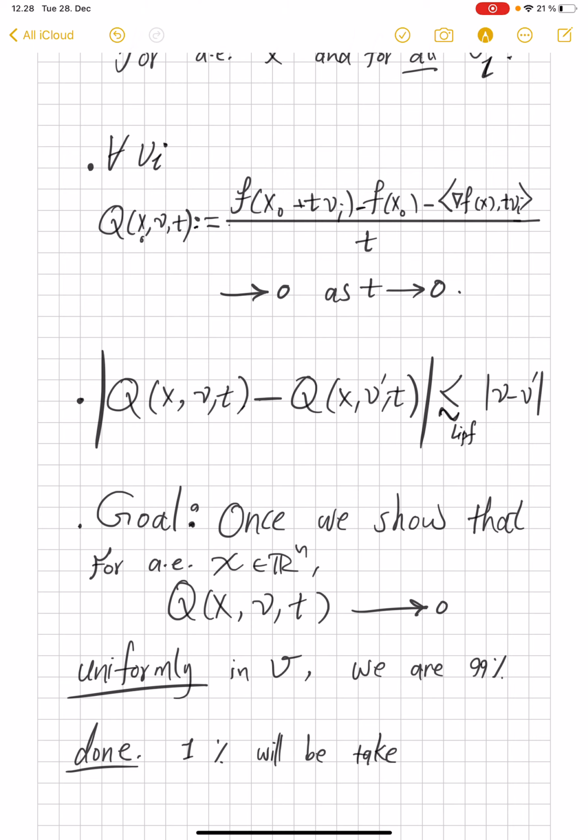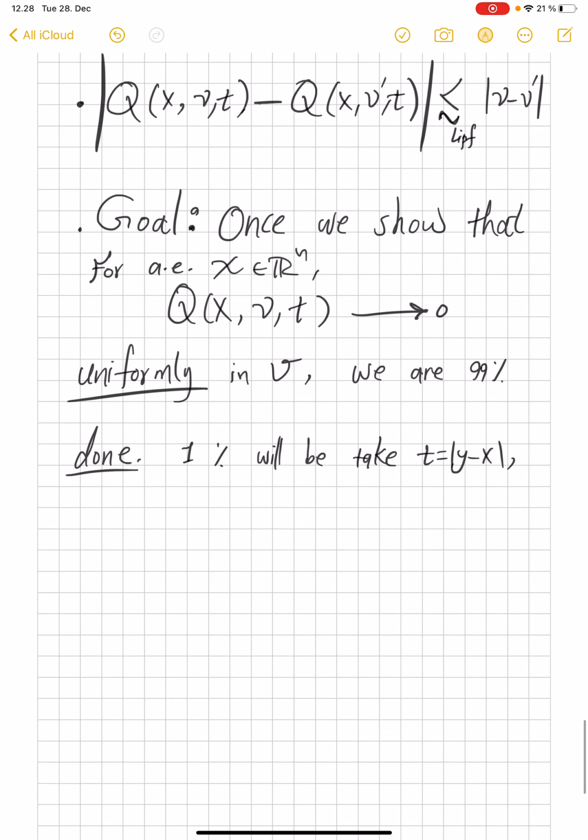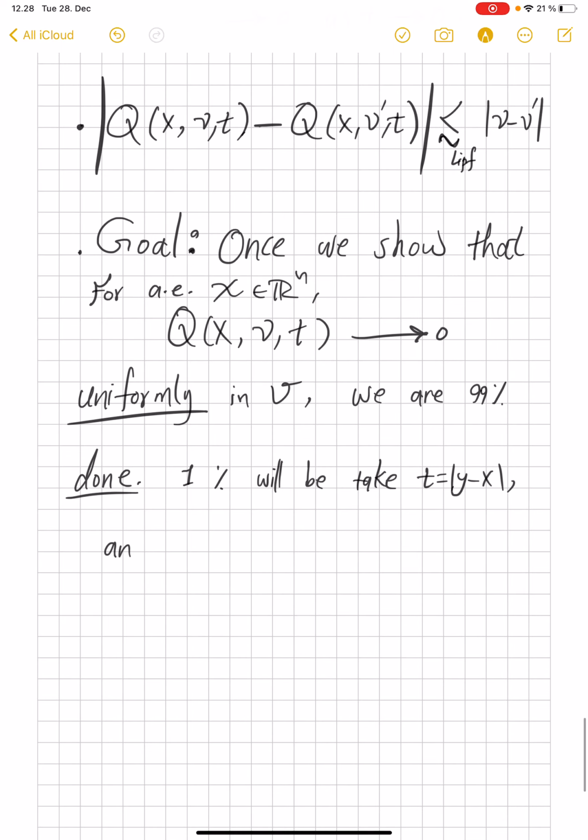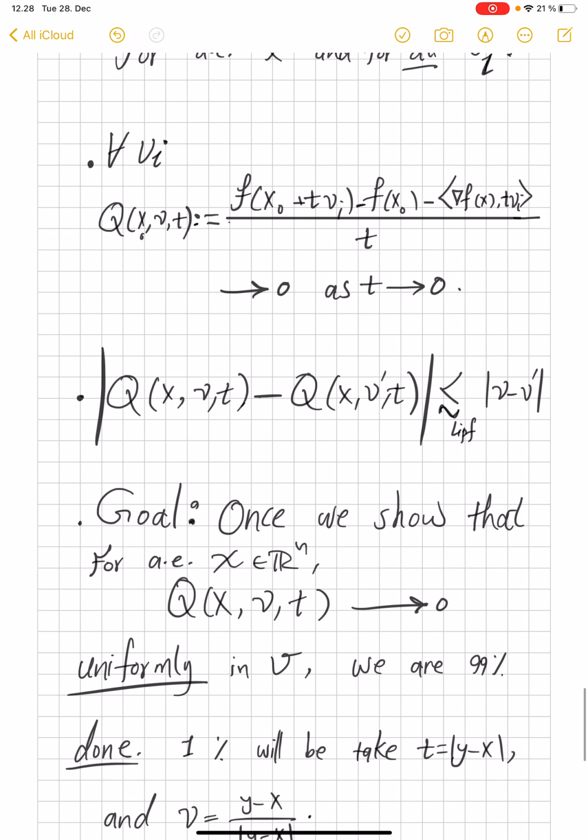Take t to be the absolute value of y minus x, and take this unit vector v to be y minus x divided by the absolute value of this. If you replace t and v by these, this quotient, this q_x(v,t), is just the fraction that we use in the definition of differentiability.